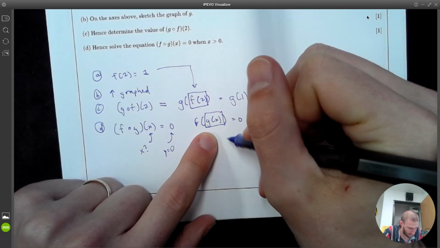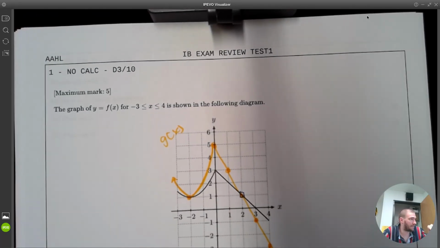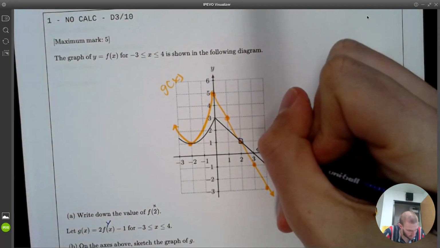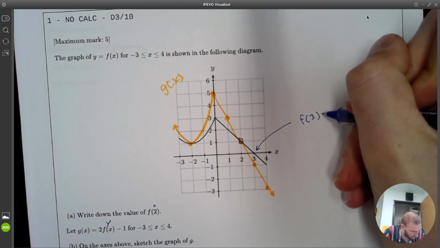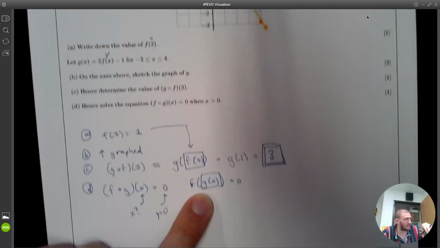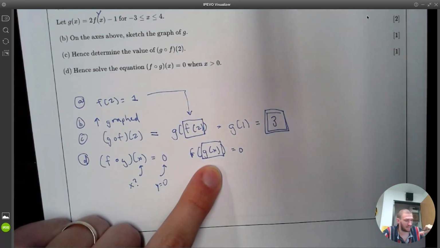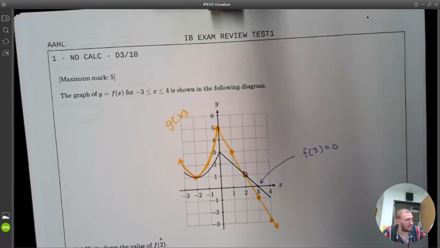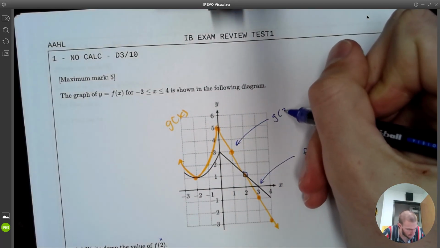That's the black graph. The black graph is 0 right here. Okay, so this is f of 3 is equal to 0. So now we want to figure out, how do we get g of x to be 3? G of x is the orange graph, and that's this piece.